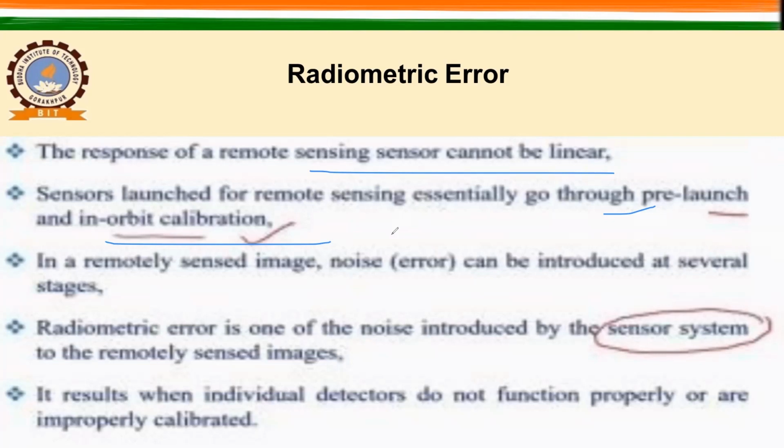So those errors are again included in the radiometric error. So radiometric error is the noise introduced by the sensor system into the remotely sensed images. Here it is purely because of the sensor system. It results when individual detectors do not function properly or are improperly calibrated, right?